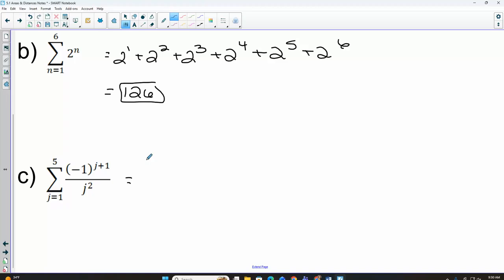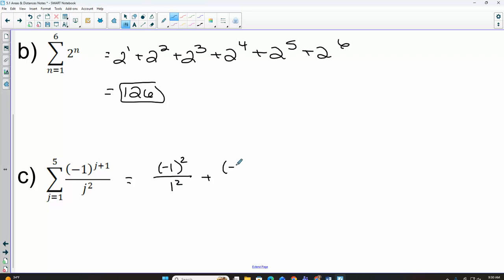All right, the next one. Sum from j equals 1 to 5 of negative 1 to the j plus 1 over j squared. So the first number would be negative 1 to the, can I go ahead and say 1 plus 1 is 2, over 1 squared.